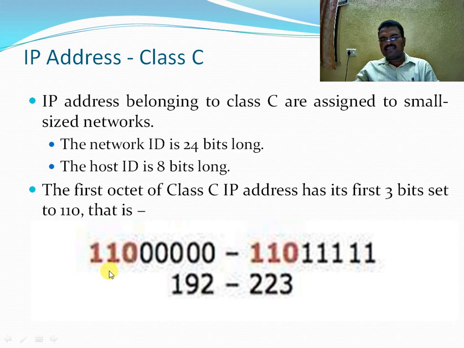So class C addresses start from 192 to 223. By seeing the 32-bit address, if the first octet is between 192 and 223, we can say it is a class C address.